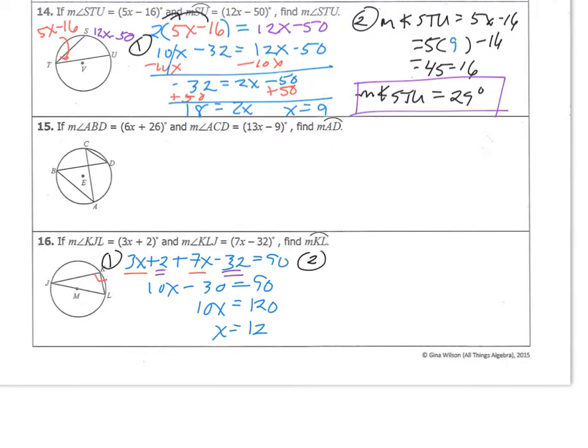So step 2, the measure of arc KL has to be, so here's KL. Isn't this the angle that intercepts it? So that angle is this one here. So that's smaller than KL, right? So we're going to take 2 times this to get that KL. So the measure of arc KL is going to equal twice the measure of angle KJL.